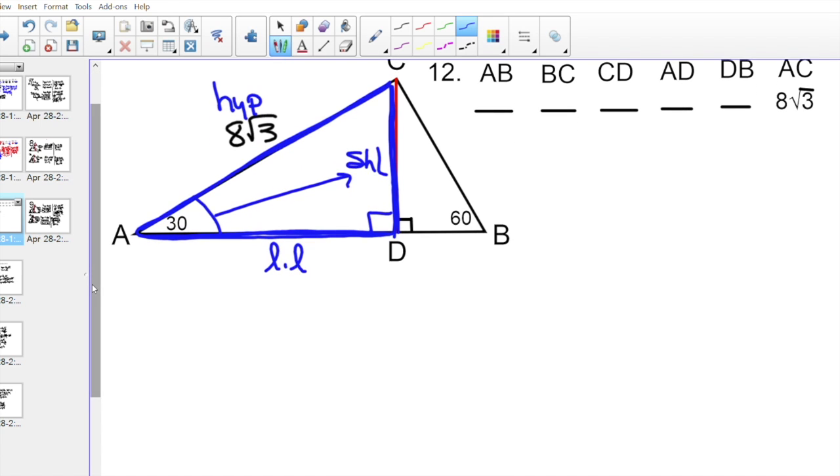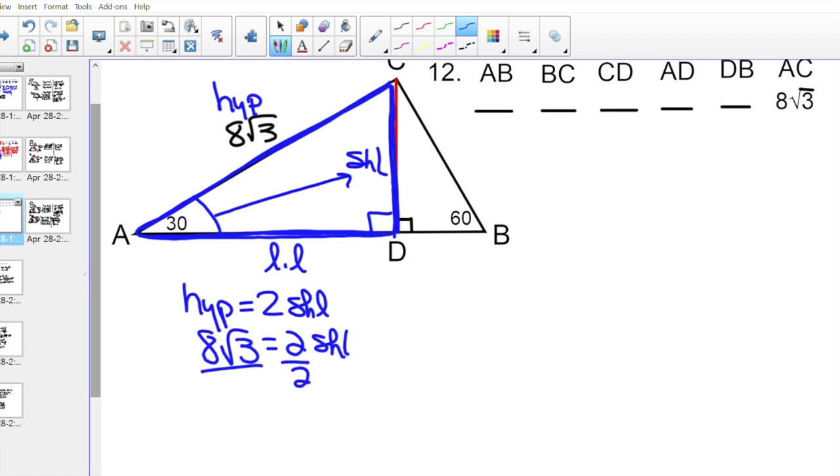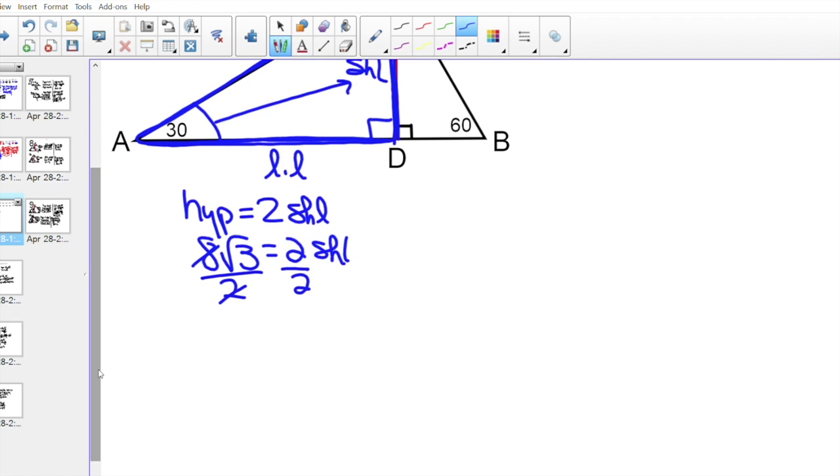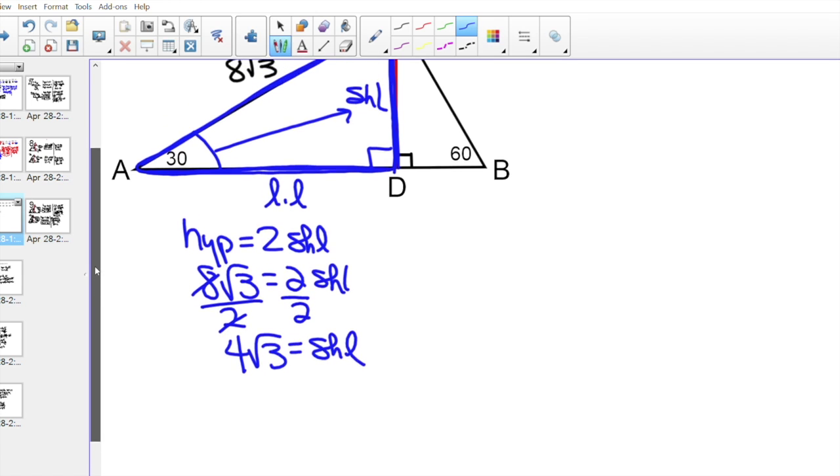Look at just the blue triangle. We have the hypotenuse. Well, theorem 9-9 says the hypotenuse is 2 times the shorter leg. So, if the hypotenuse is 8 on the square root of 3, divide by 2. 2's cancel with the 8, so that would be 4 on the square root of 3, which would be the shorter leg.